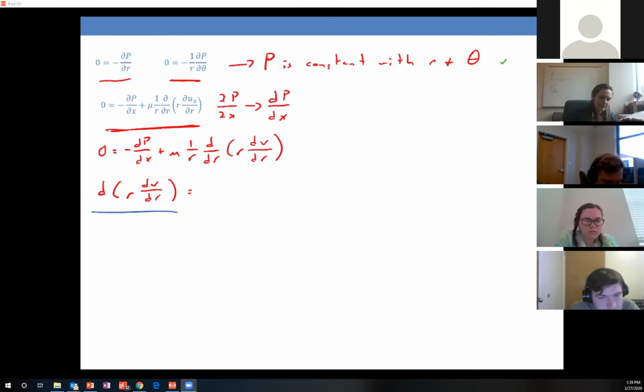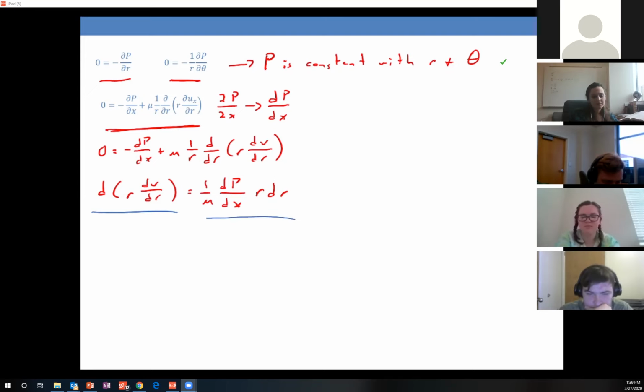The first thing I did is I added dp dx over there like that. And then I want that mu over there, so that's 1 over mu. And then I want that r over there, so multiply by r. And then I want that dr over there, so multiply by dr. So I just algebraically put this r dv dr over on this side and everything else over on the other side, and this is what I got.